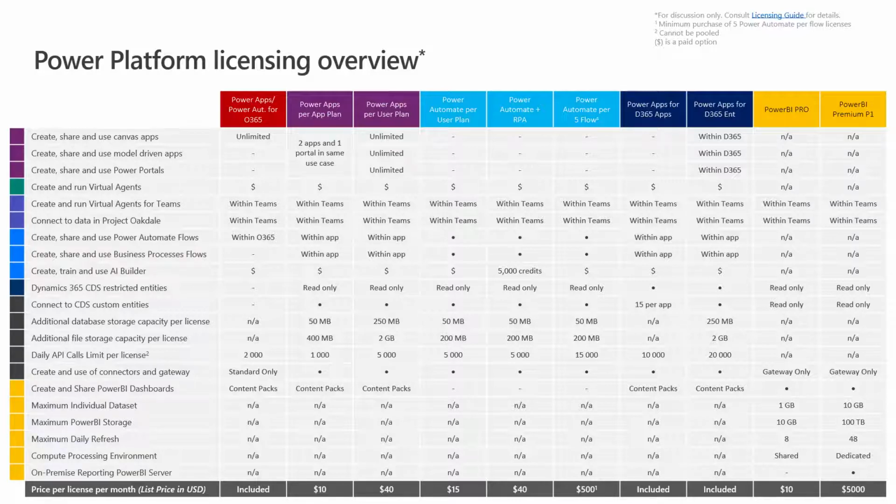So restricted entities are Dynamics 365 entities that are specific to the Dynamics 365 application. What that means is that users that are part of Power Apps can actually build Power Apps on top of the Dynamics 365 data model and read information from those specific Dynamics 365 entities.